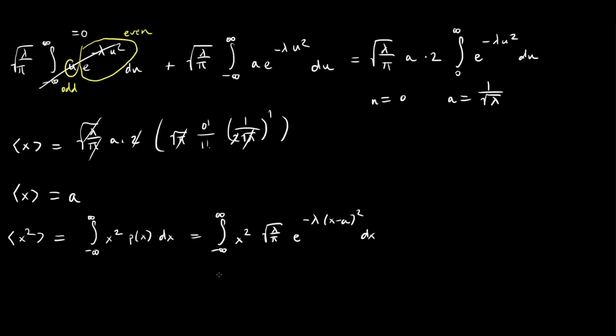And then we use the same u sub that we did before. Bounds stay the same. And we replace x with u plus a.